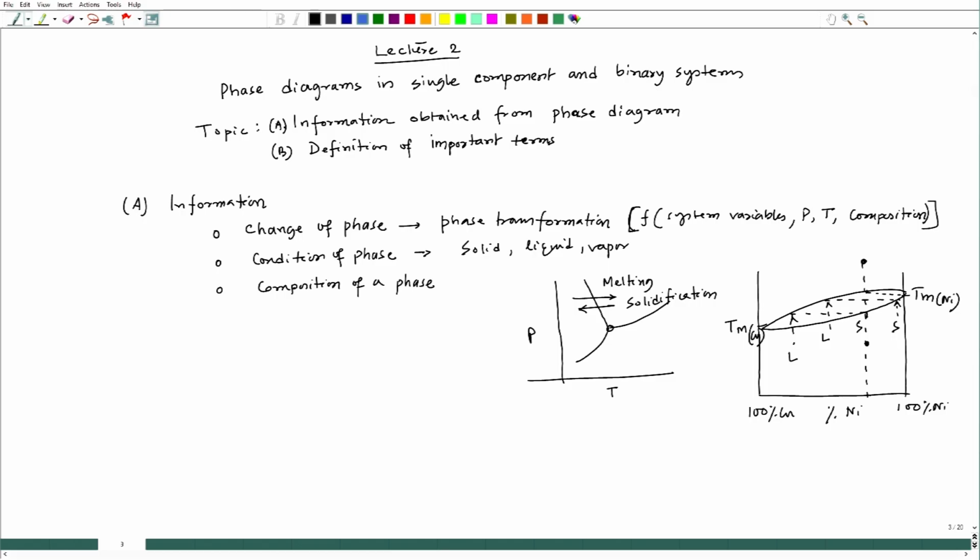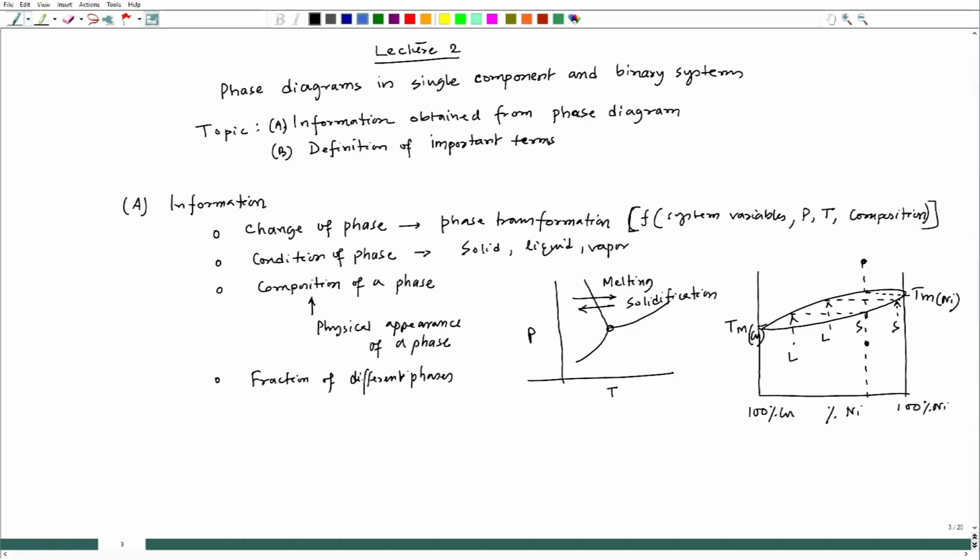So, in fact, I can add to this, I can also get the information about the physical appearance of a phase. Okay. So, we can get those informations, and the last one is we can also get the fraction of different phases.